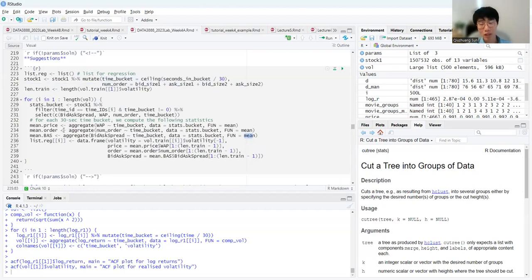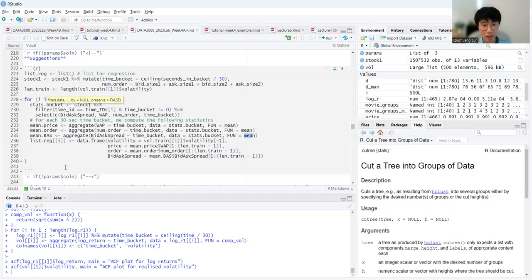Now I can compute these three covariates for all the 30-second time intervals. And I also have the realized volatility for all the 30-second intervals. So I just have one lag. Remember, I need to use the information at time t-1 to compute the realized volatility at time t. So I just lag here.